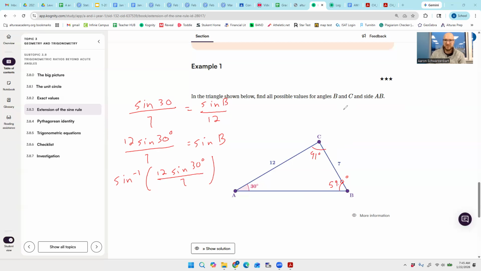My side there, I'm going to use the 30 because it was exact, even though it's 58.99, that's very, very close to 59. I'll still use the one that was exact. So I'll cross multiply. And then I'll divide.